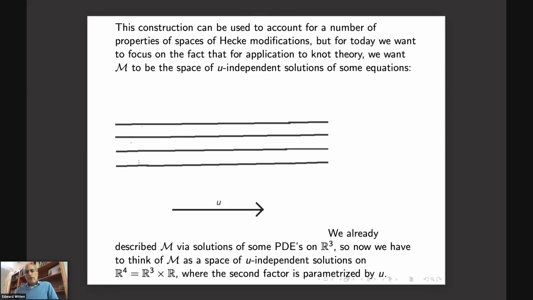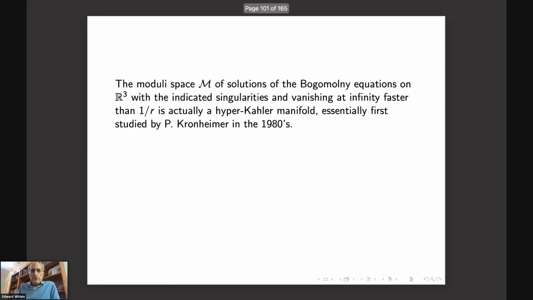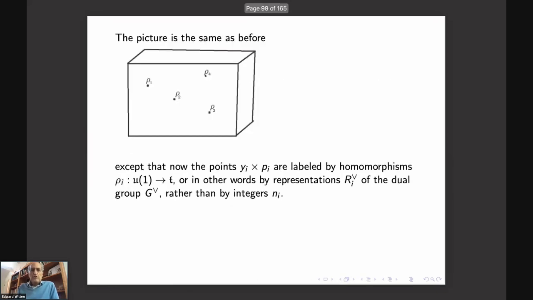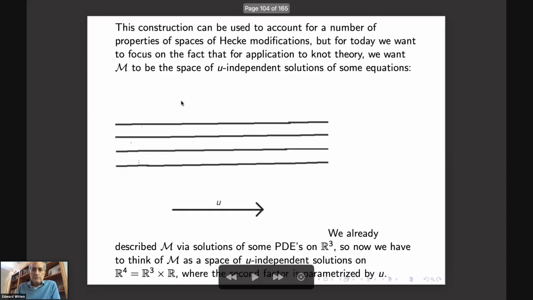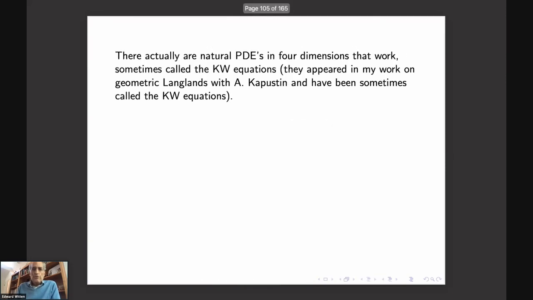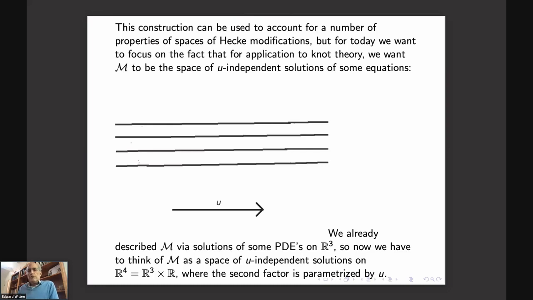Well, we described M by solutions of some PDEs on R3. So now we will have to think of M as a space of U-independent solutions on R3 times R, where the second factor is parameterized by U. And then we're supposed to get back to this picture here if we look at only solutions independent of U and then forget about U. So, well, this is a non-trivial fact.